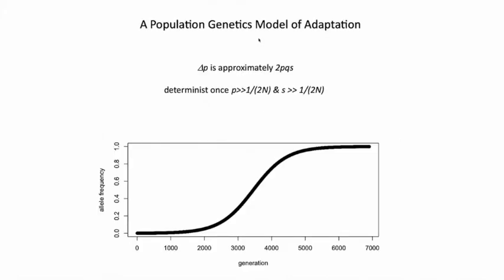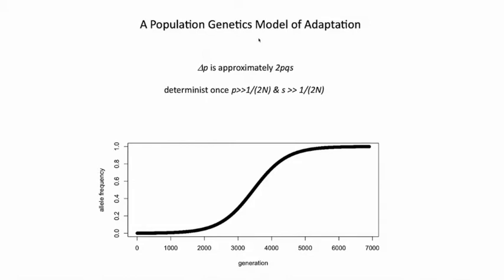So the model of adaptation that we all kind of learned about as undergrads is the standard model, where we have a mutation that either occurs or is pre-existing. We have a change in the environment, and then that allele or variant has a selection coefficient associated with it, S, and then the dynamics of that allele, or the change in allele frequency with respect to time.